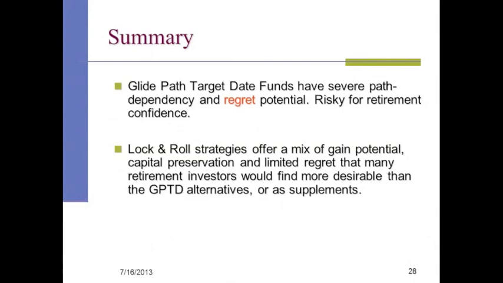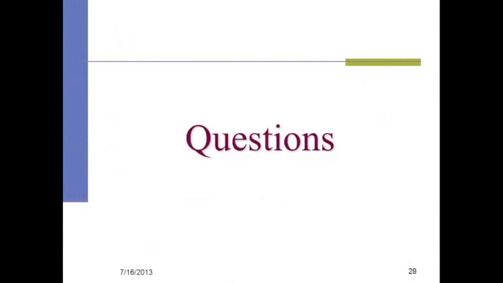The lock and roll strategies offer a mix of gain potential, capital preservation, limited regret that many investors would find preferable, either in entirety or as a supplement. And now I want to stop again for questions before we issue the call for action.